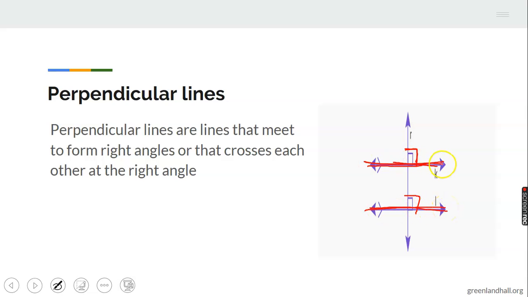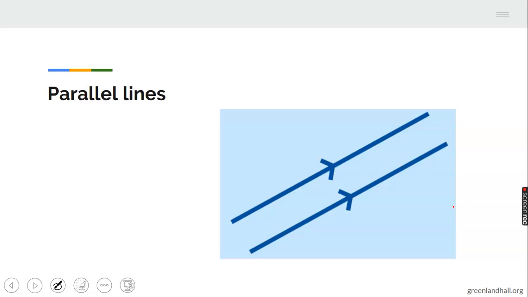You can see these are perpendicular lines because they cross each other at what? Right angle. So if you have a right angle here, now this line here that crosses a right angle is a perpendicular line. Can you see it?